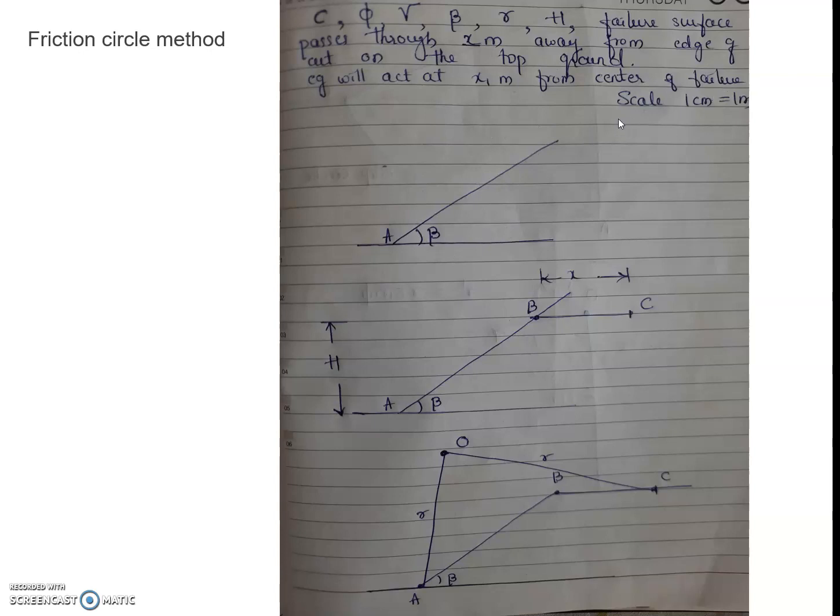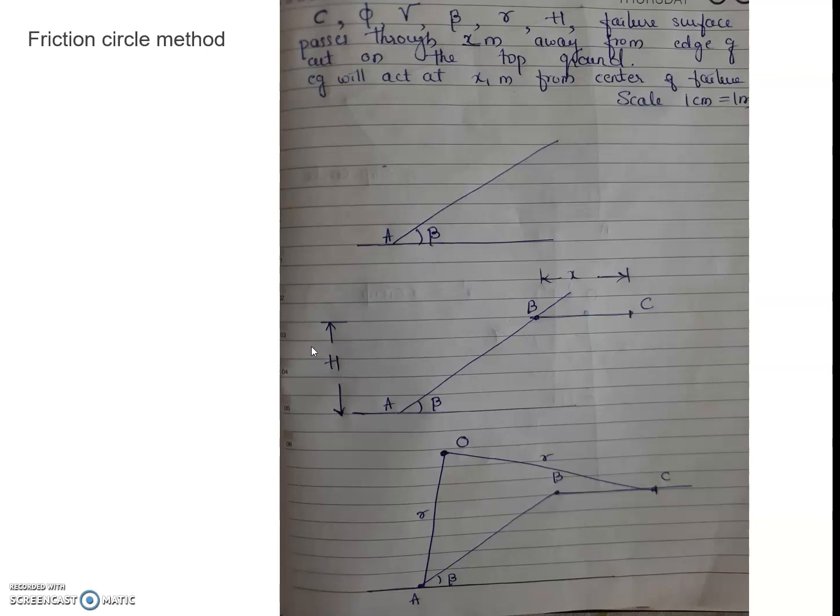For that, we will assume a scale of 1 centimeter equal to 1 meter. Now on normal graph paper, we will mark point A, and from point A, draw an inclined line at angle beta, which represents the slope.